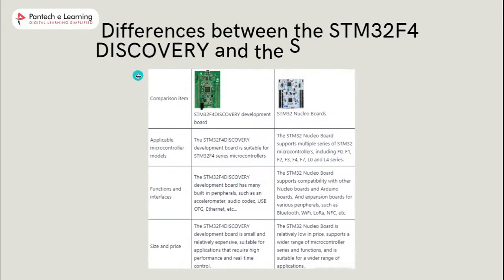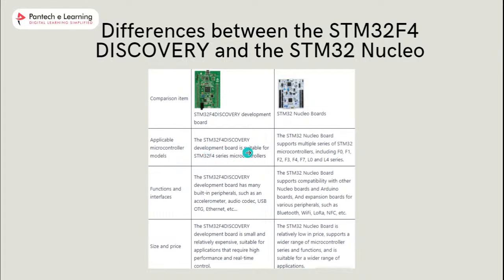Okay, so now let's talk about the difference between the STM32 F4 Discovery board and the STM32 Nucleo board. This is how the Discovery board looks. This is how the Nucleo board looks. The main difference between these two boards: first one is applicable microcontroller models.